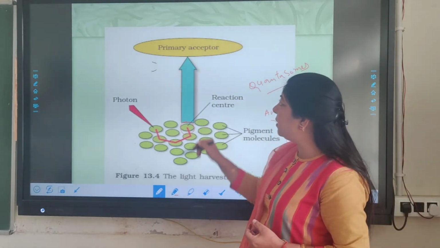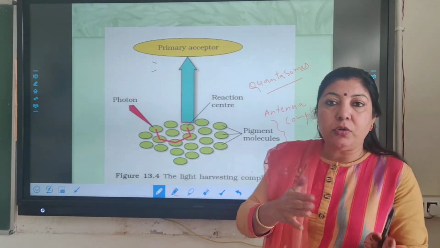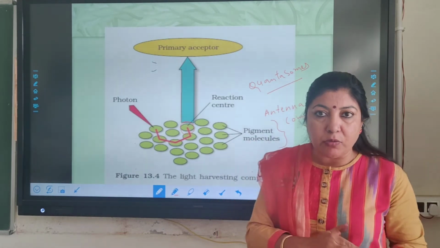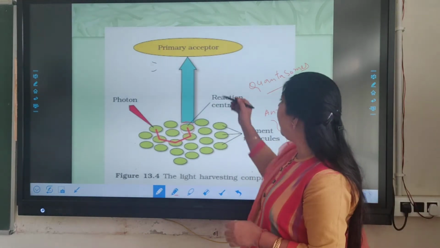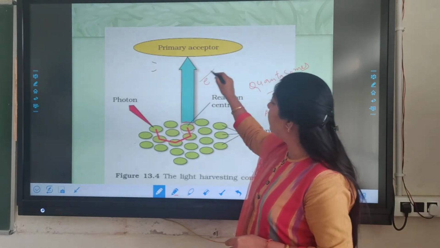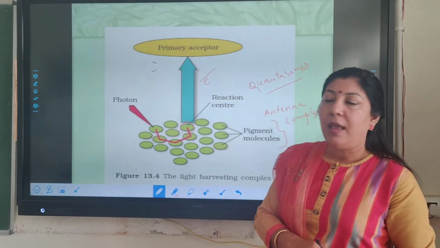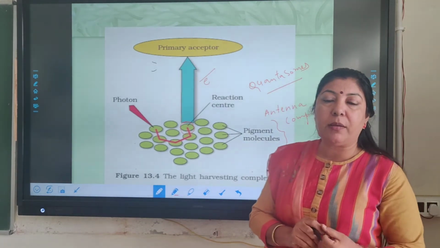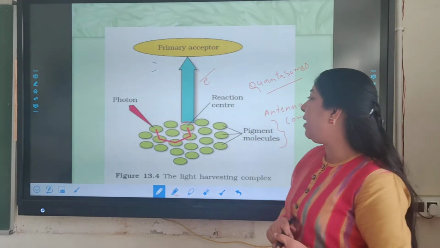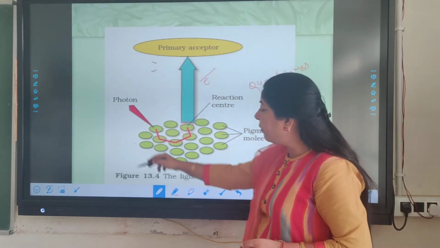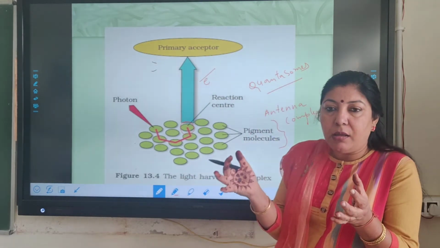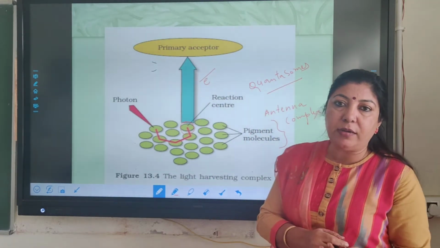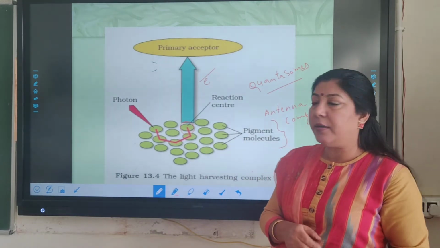So this reaction center comes to an excited state, from ground state to excited state, and the electrons are emitted. And these electrons are accepted by another component which is called the primary acceptor. So because of this, there is the conversion of light energy to chemical energy.